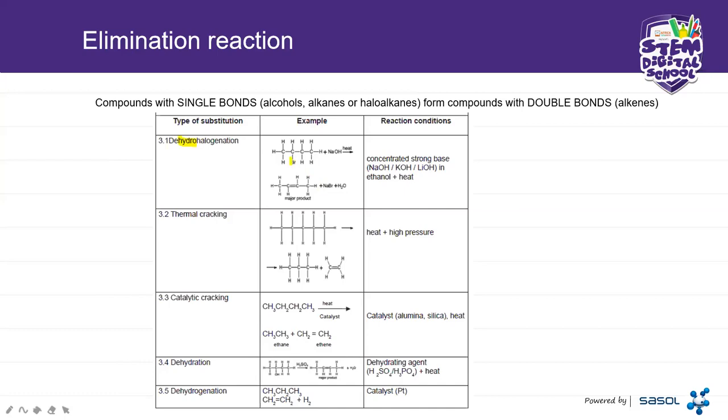So we are removing the hydro, and we're also taking out hydrogen there. So you see dehydro, and let's change the color for the halogen.